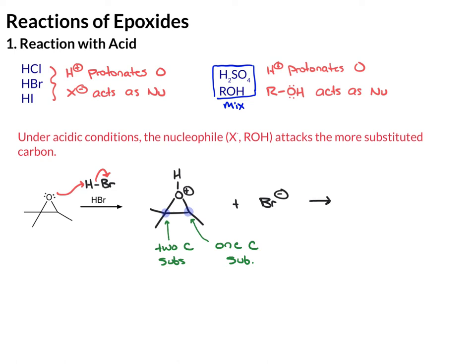So under this second step, the Br minus will come in and attack this carbon and break open that epoxide. So what do we end up with? On the right, we have the OH, and there's still that methyl group. On the left, we have a new bond to the Br, and you still have the 2 methyl groups. So there's the product of this reaction.